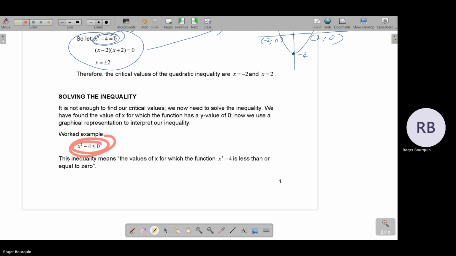Basically, on this graph, I want to know where the y coordinates are less than 0.